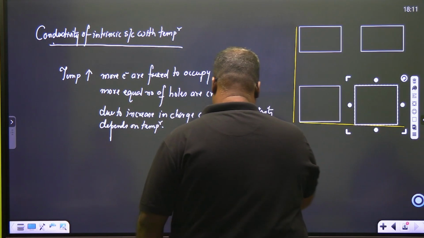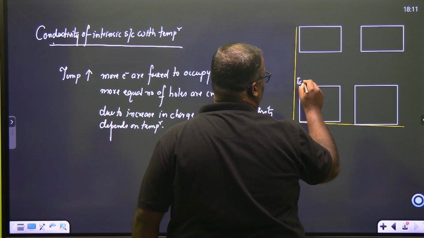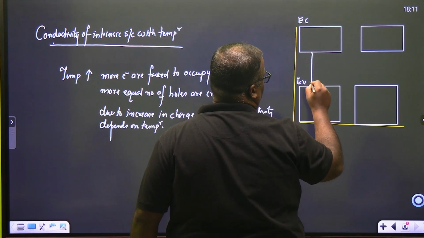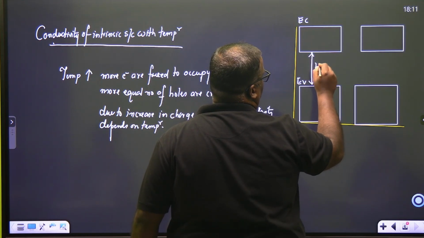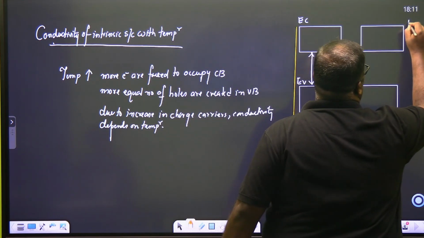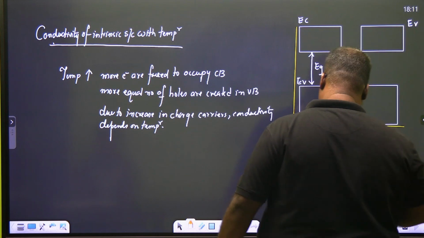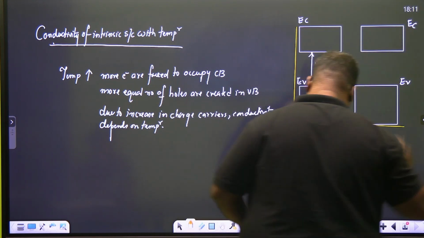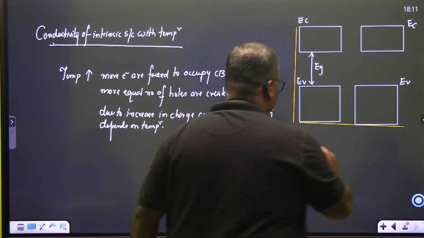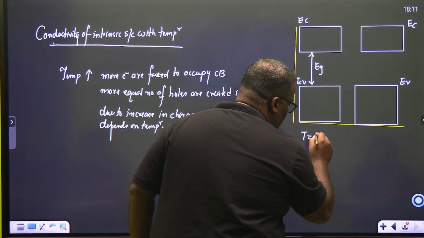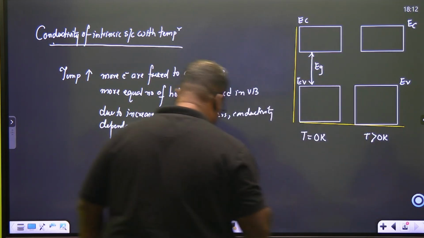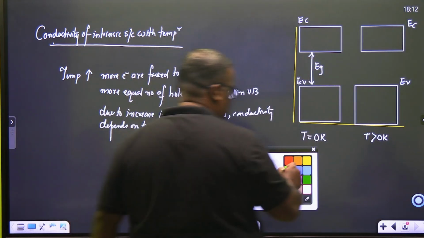This much is my energy gap, EG, which is EC minus EV. This is the diagram for temperature equal to 0 Kelvin. This is temperature greater than 0 Kelvin. Very easy diagram, children. Just see how it is.